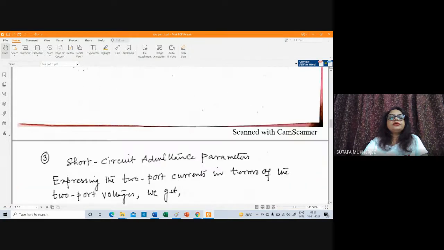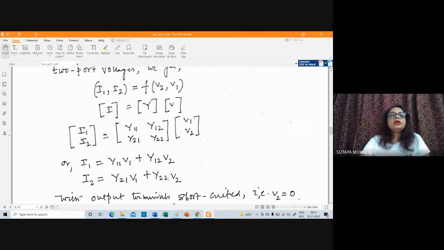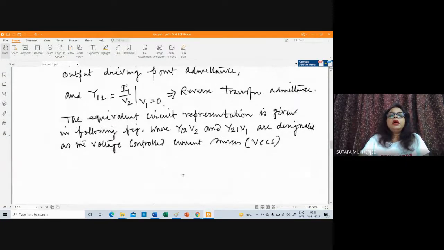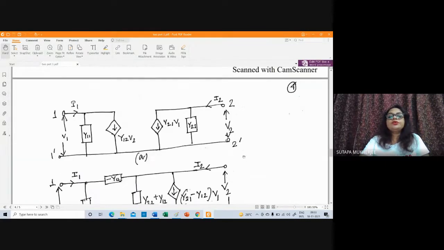Short circuit admittance parameters. Now what will be the equivalent circuit? The equivalent circuit representation is given in the following figure, where Y12 V2 and Y21 V1 are designated as voltage controlled current sources, VCCS.